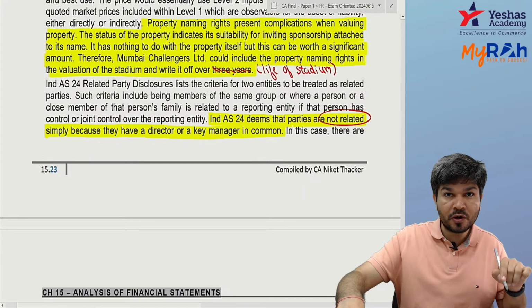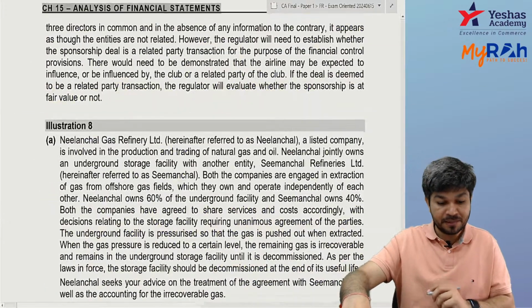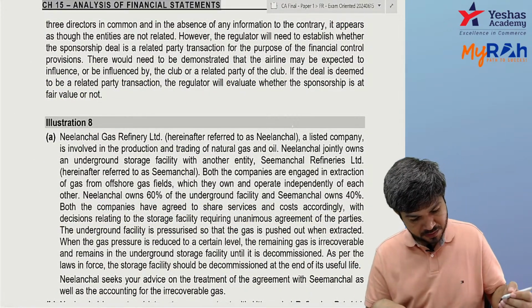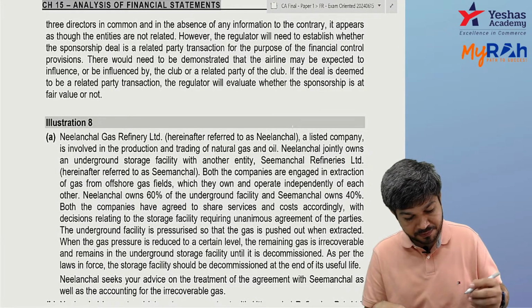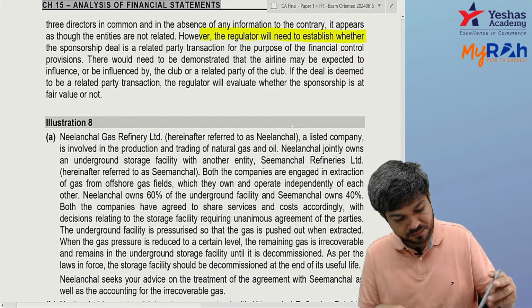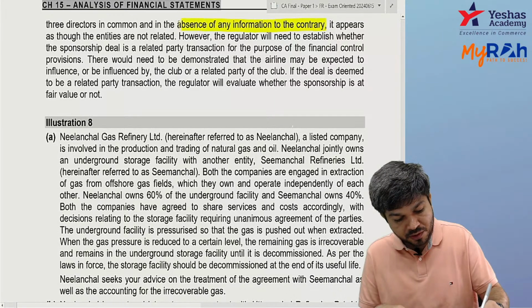One place control, joint control, other place control, joint control, significant influence or KMP. Both places KMP will not work. So here this will not be a related party thing. However, the regulator will check. So it's not related in absence of any information to the contrary.